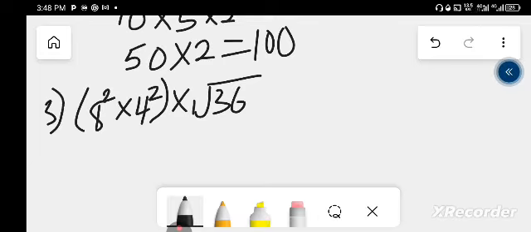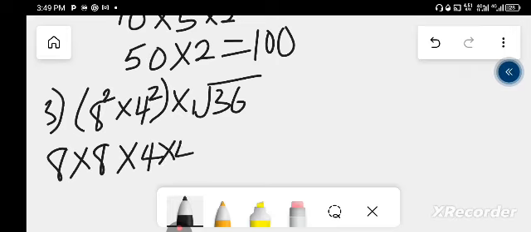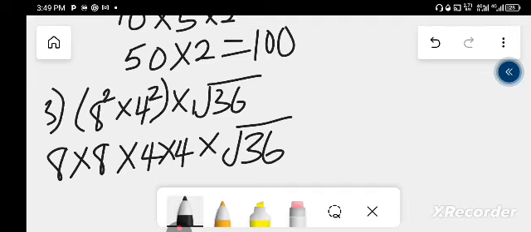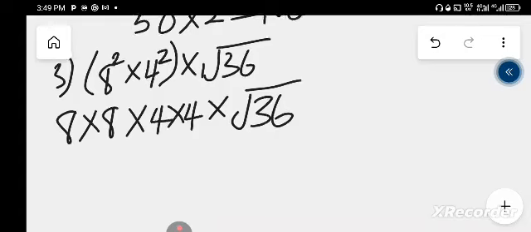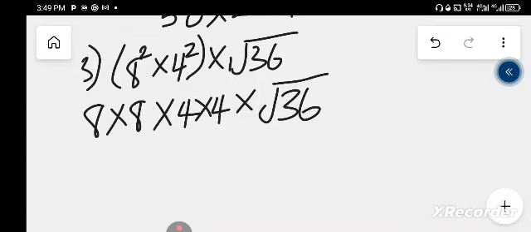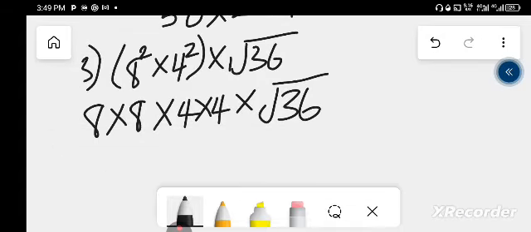By the order of operation, we have to solve the bracket first, which is 8 times 8 multiplied by 4 times 4. So multiply by square root 36. You have to show it in order, and it has to be step by step.